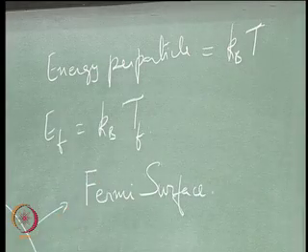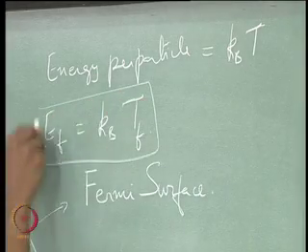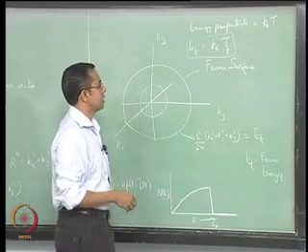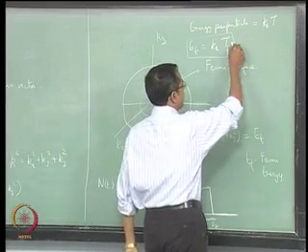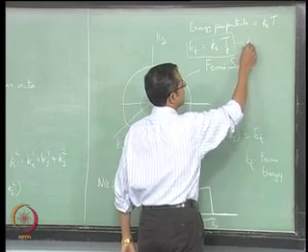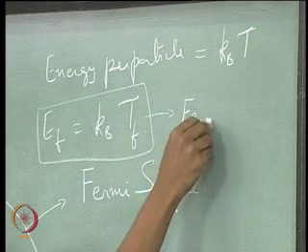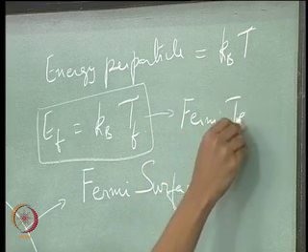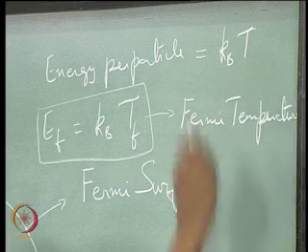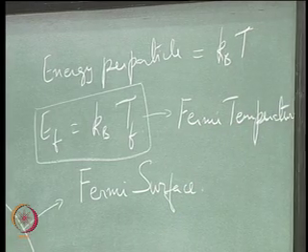That is just based on the general relationship between temperature and energy on a per particle basis for the kinds of systems that we are looking at. This TF is referred to as the Fermi temperature.